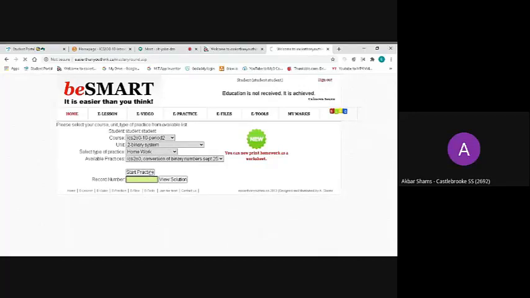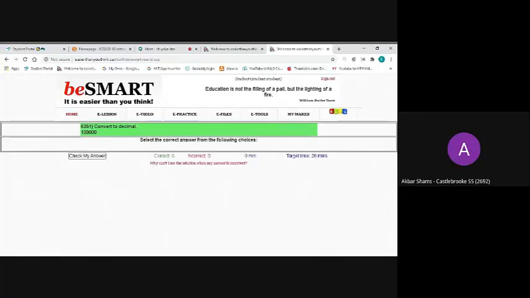Now let's do an example here. Go ahead and do this one. Convert to decimal 100000. Tell me, what do you get? Go ahead and do it on a piece of paper. Sir, do we press homework?